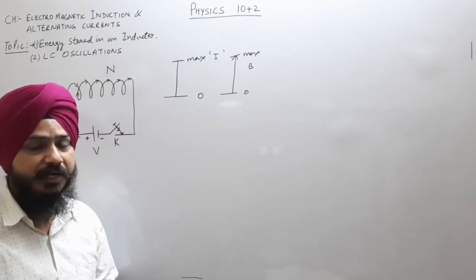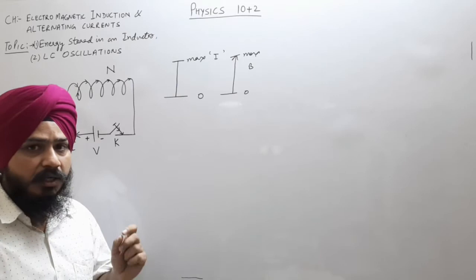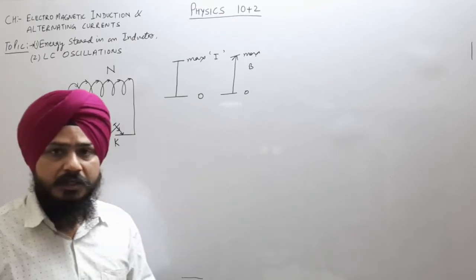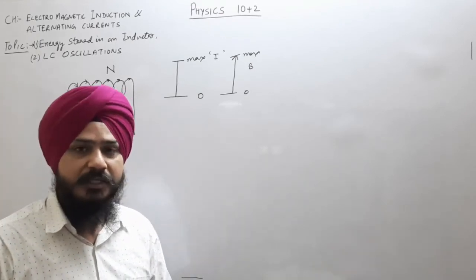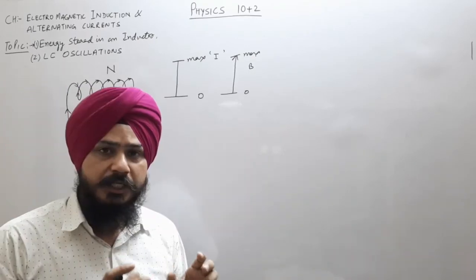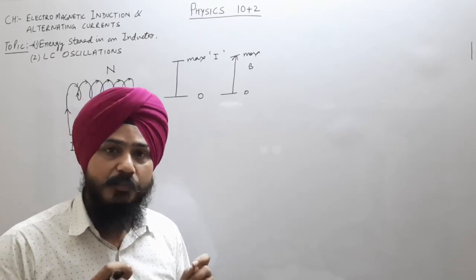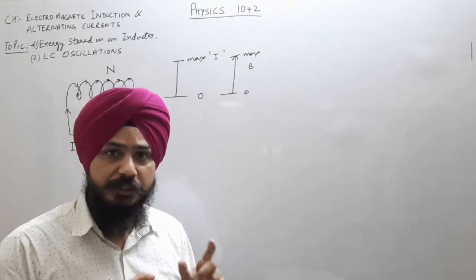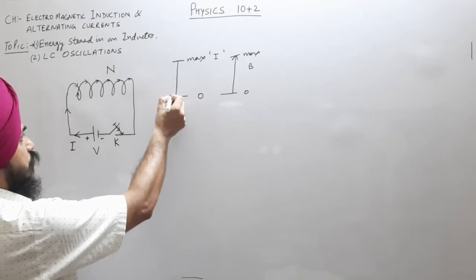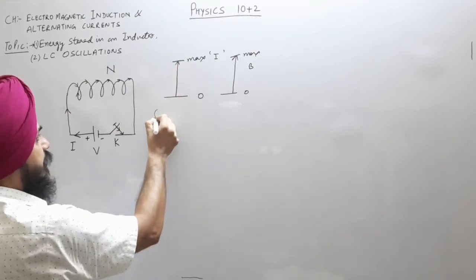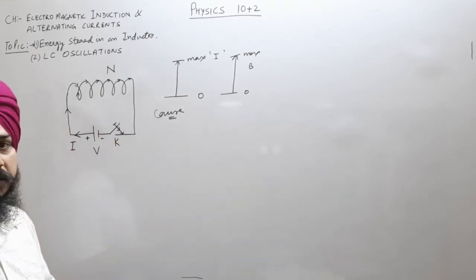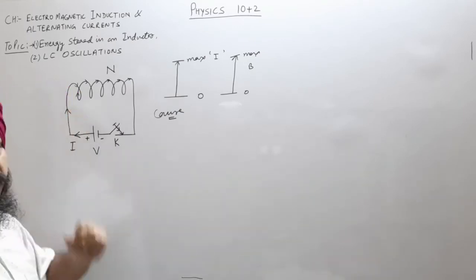And what we have studied in Faraday's laws of electromagnetic induction is, whenever there is a change in magnetic flux through a coil, there is always an induced EMF set up in the circuit, and that induced EMF is produced in such a way that it opposes the cause which produces it. So here the cause is the growth of current. The growth of current from 0 to maximum is the cause that produces the magnetic flux, which produces the induced EMF in this coil.